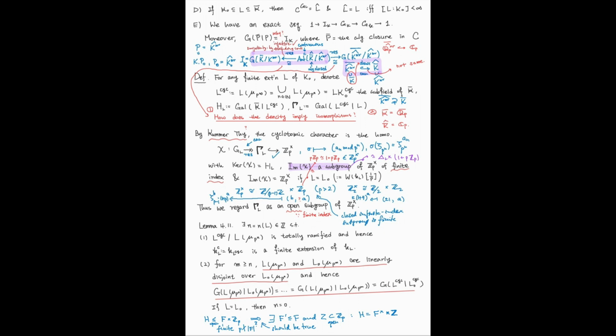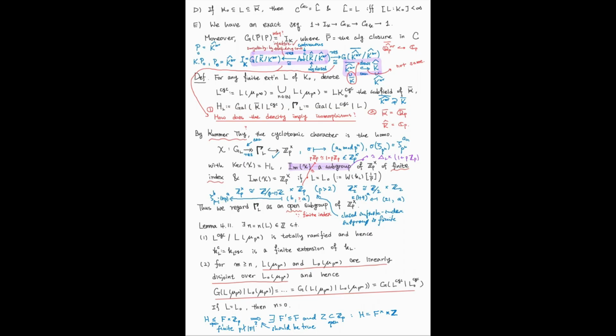And similarly here, this is by restriction, and again it's an isomorphism by density, and by the fact that any Galois automorphism in this group extends by continuity to this field.